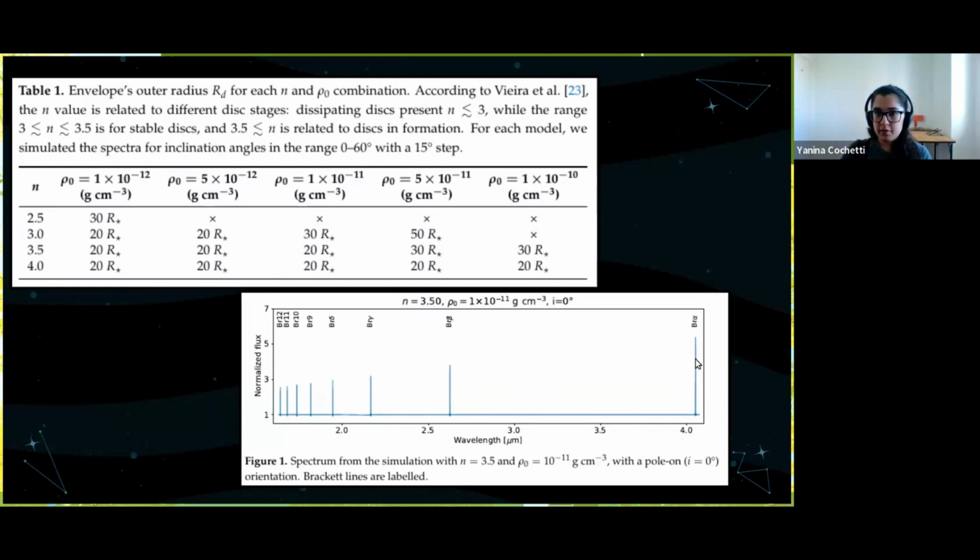You can see Brackett alpha, Brackett gamma, Brackett alpha, beta, gamma, delta, and so on. It is worth mentioning that this is not an actual spectrum of the star.